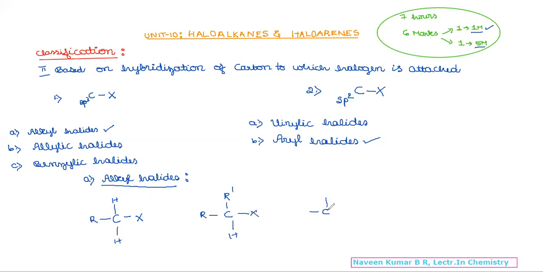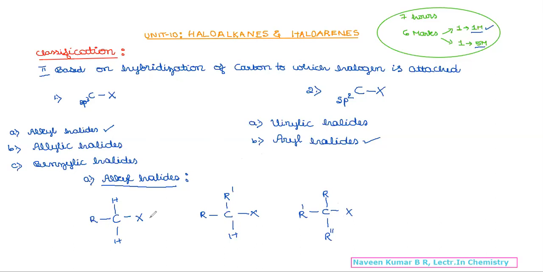Similarly, if it is surrounded by three R groups, R, R dash, R double dash, we'll consider whether the groups are the same or different. I can observe all three structures which are present here. With the help of this, we'll try to understand what primary, secondary, and tertiary alkyl halides are.